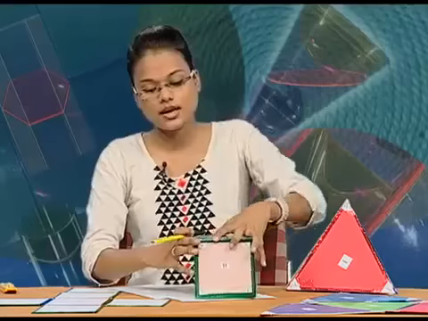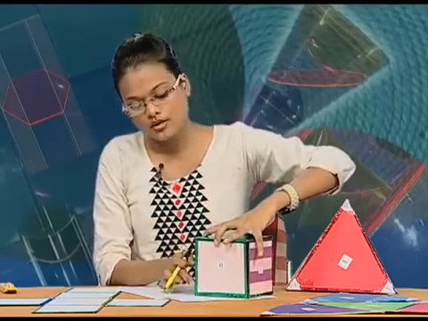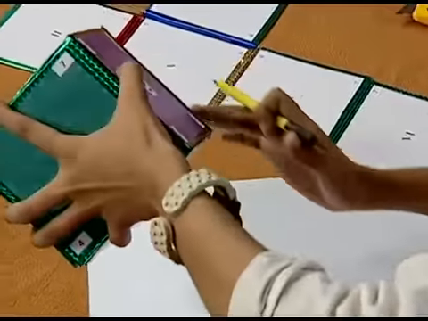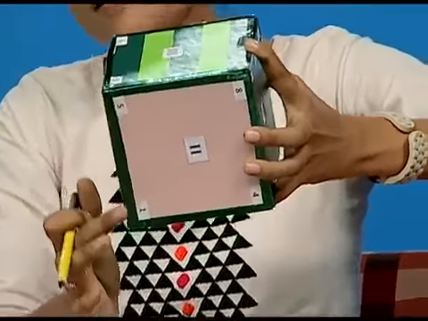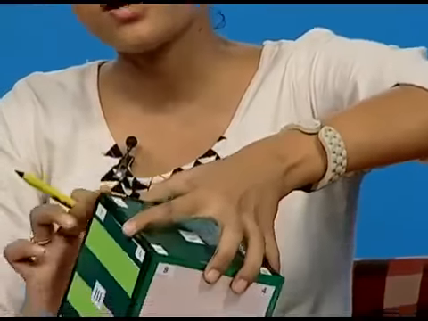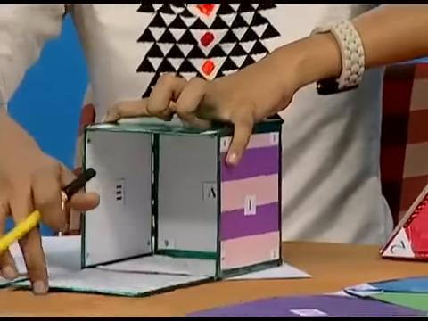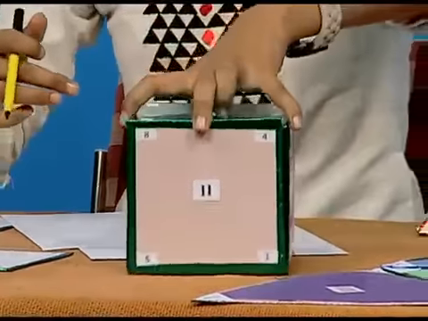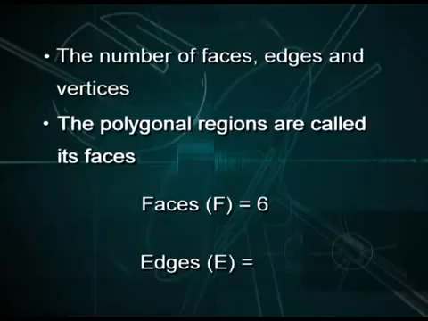So, how many total edges are there in a cube? Let us count once again. As you can see, this is forming a cube: 1, 2, 3, 4, 5, 6, 7, 8, 9, 10, 11 and 12. So, there are 12 edges in a cube.